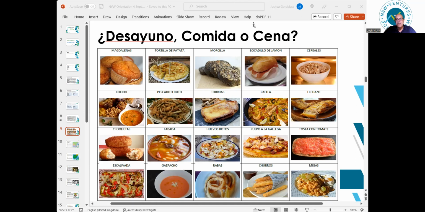Morcilla, which is our wurst, okay, which is the blood. I don't know, is there such a thing in Germany like a blood sausage? Morcilla, which is a blood sausage, which is a very heavy thing. Would that be comida, cena, or desayuno?